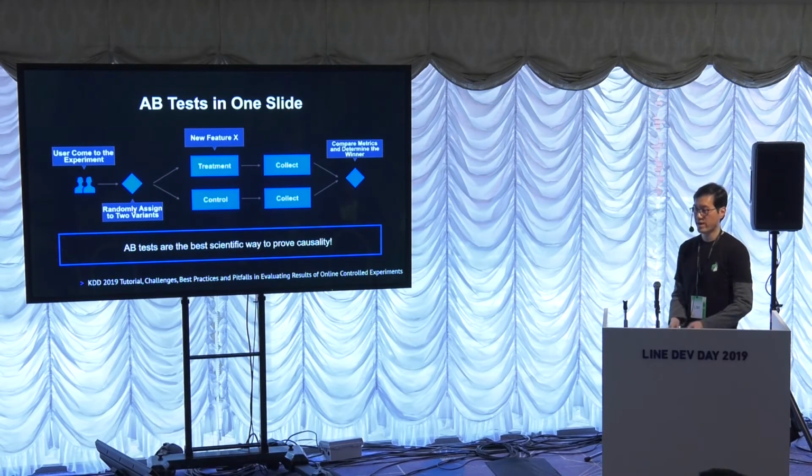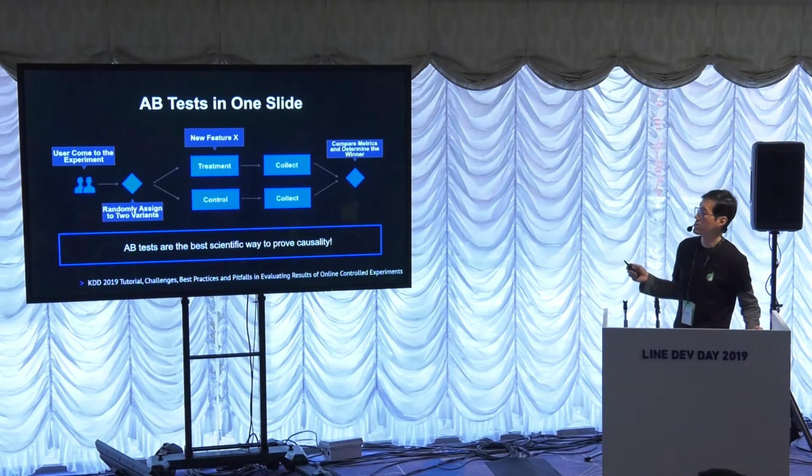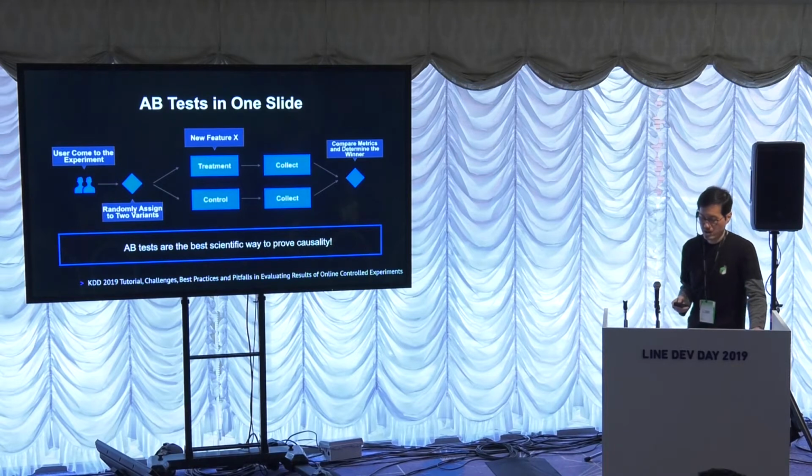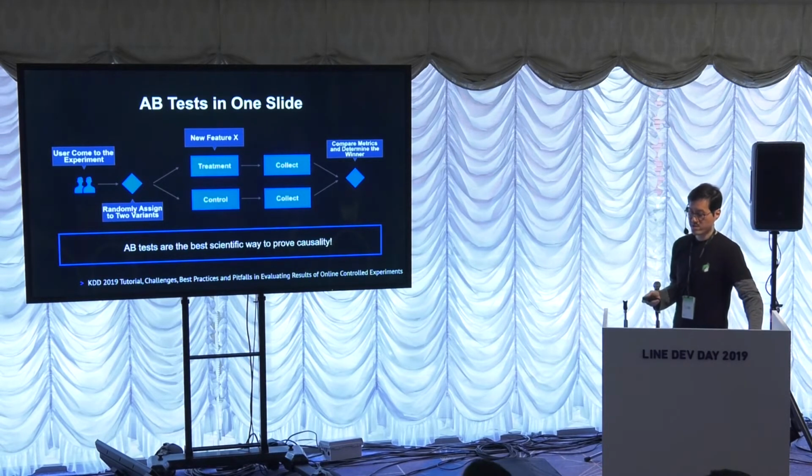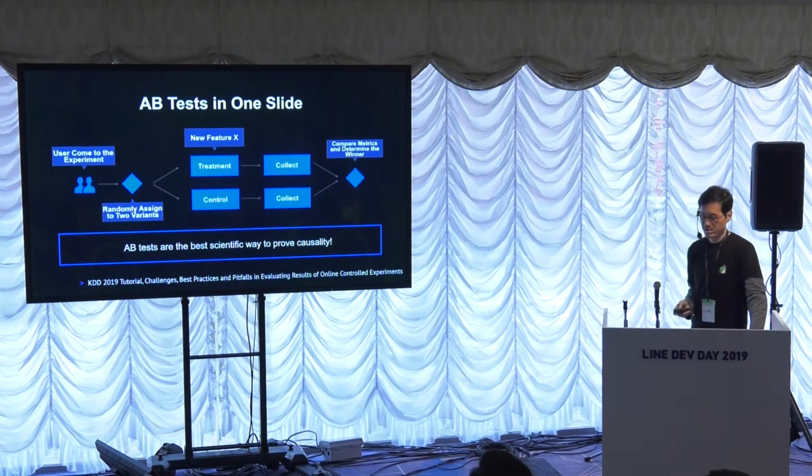Then we collect activity logs from control and treatment group. Then compare metric, and finally determine the winner. That's all. A/B test is quite simple to understand. Because A/B tests are the best scientific way to prove causality and easy to understand, most of the internet business players understood that.